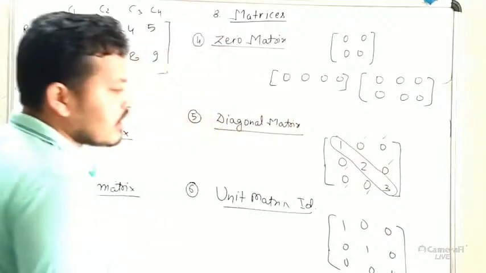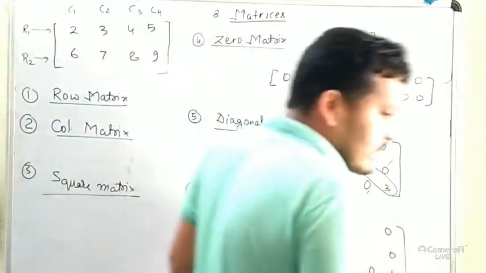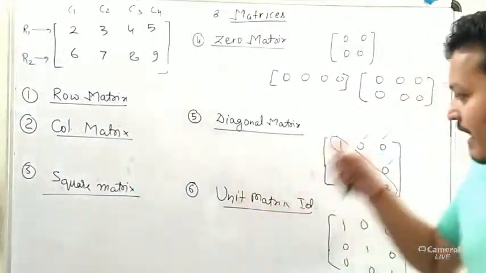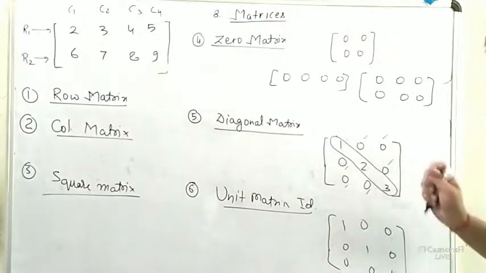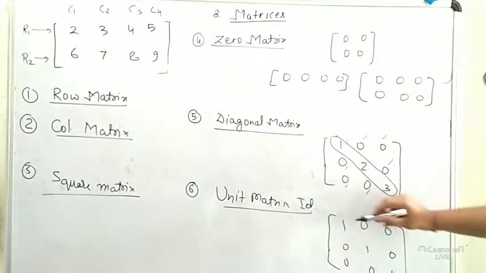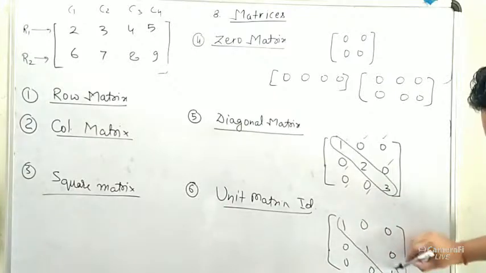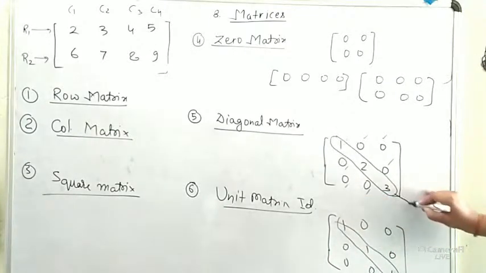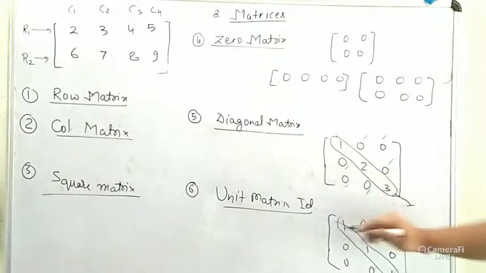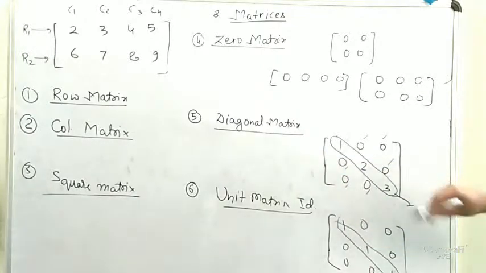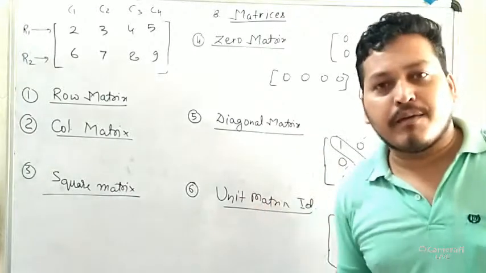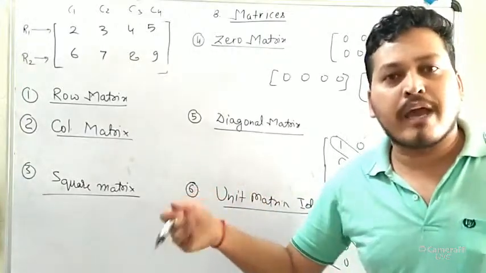What is the difference here? In the diagonal matrix, the diagonal numbers are non-zero and the rest of the elements are zero, and the diagonal number can be any number. It may be 1, 2, 3, 4, 5, 6.